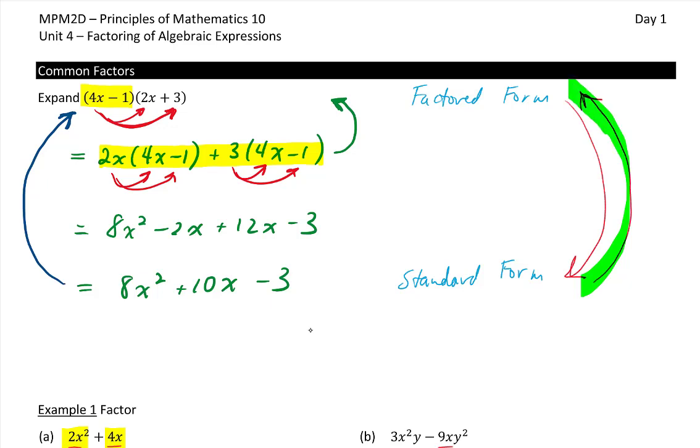So we've done one of the steps. We've looked at going from this step up to this step. And again, we see we have 4x minus 1, 4x minus 1. So we took that factor out, and we're left with 2x plus 3. We're also going to look at this step next, how to go from here to here. And in the next video, we'll learn how to go right from standard form all the way up to factored form.